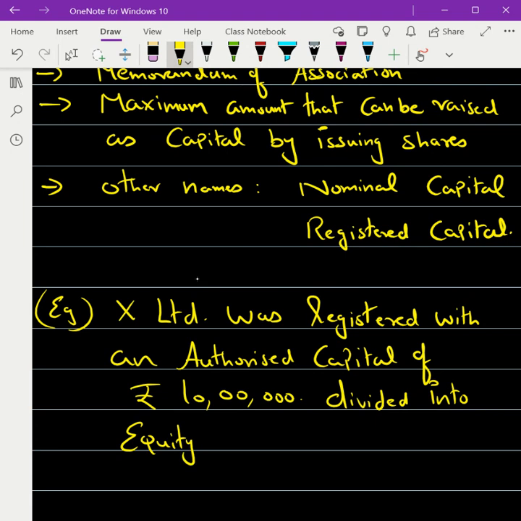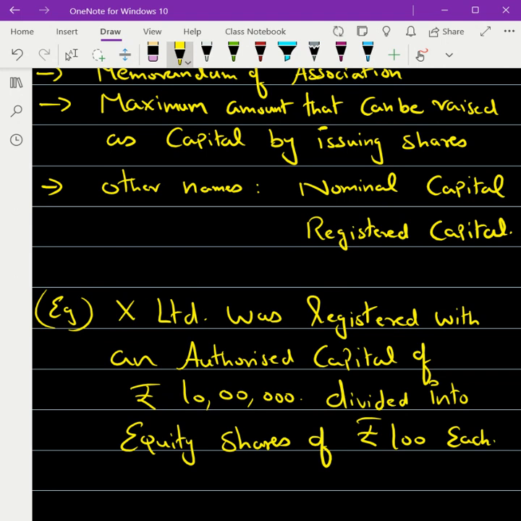It can be divided either way, like 5 lakhs of equity and 5 lakhs of preference, or entirely as equity. So divided into equity shares of rupees 100 each.